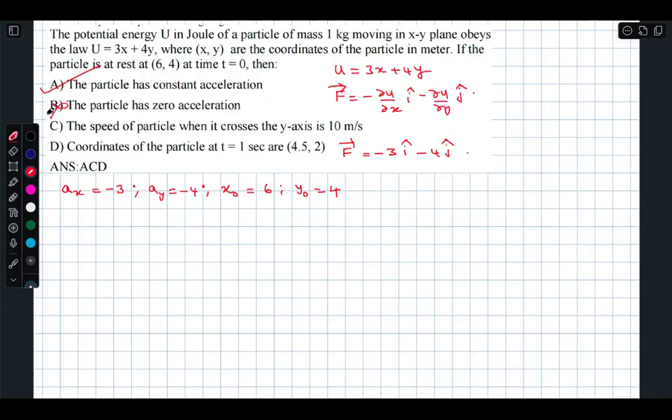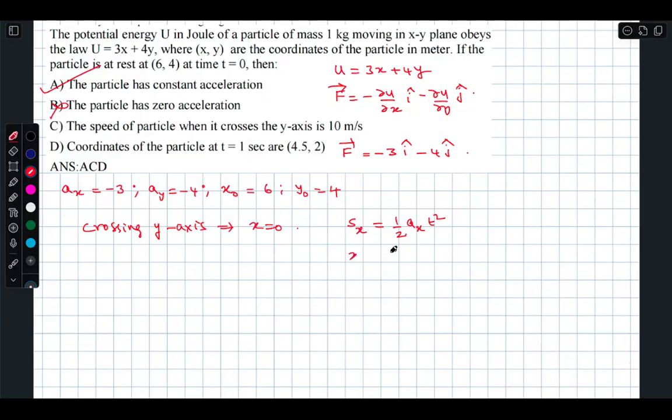The speed of the particles, right. Now everything is starting from rest. What do you mean by speed of the particle when it crosses y-axis? Crossing y-axis implies x is equal to 0. So what is the displacement in the x direction? It is simply half ax t square.